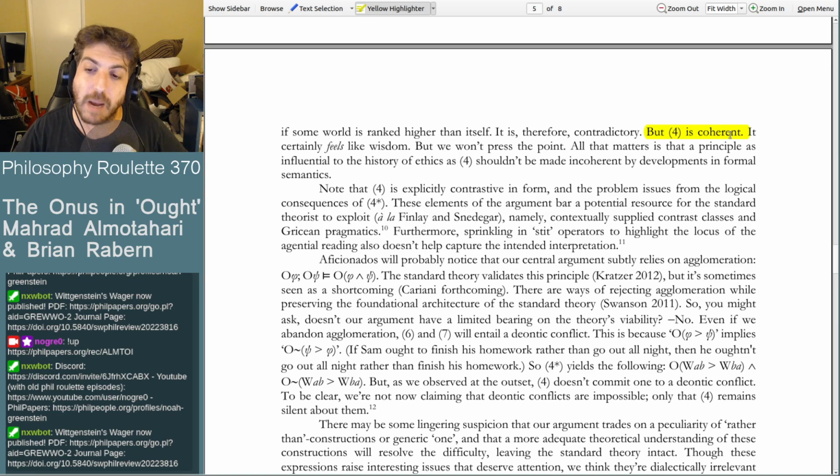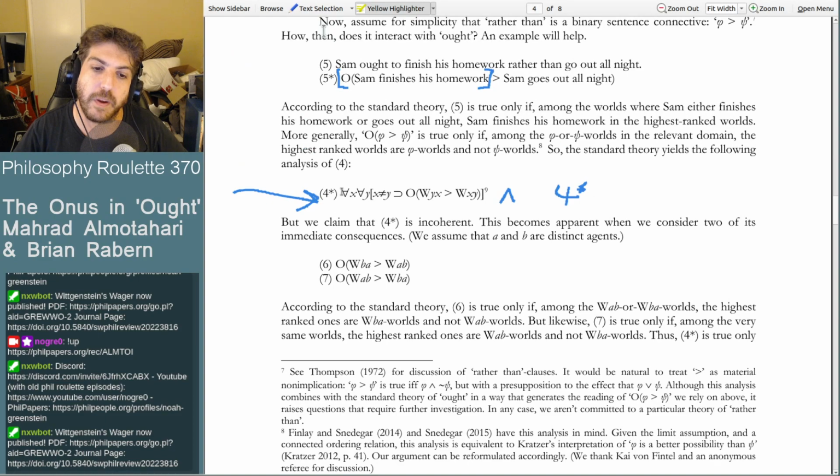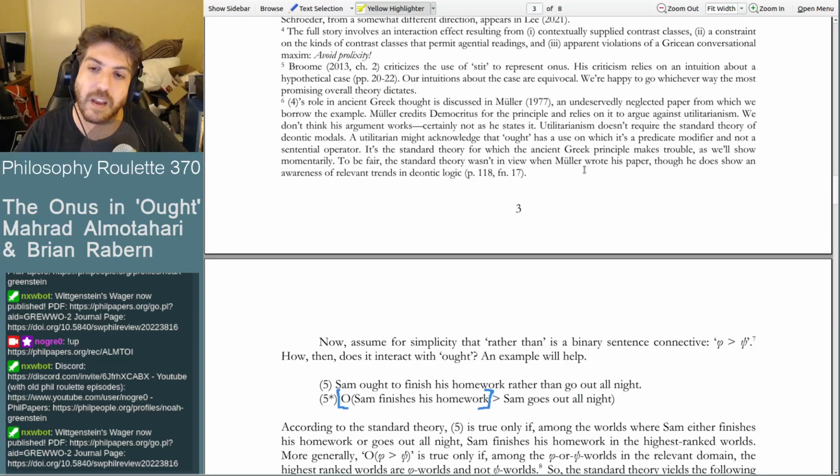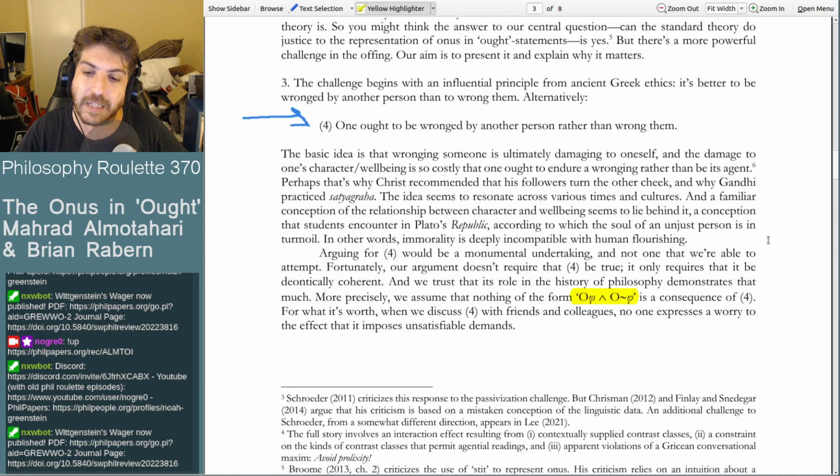It's probably not, or it doesn't have the scope required for universal generalization, which is what they're doing here. They're generalizing over being wronged by, basically, so that it applies universally to all things.